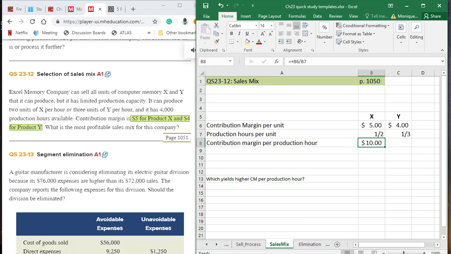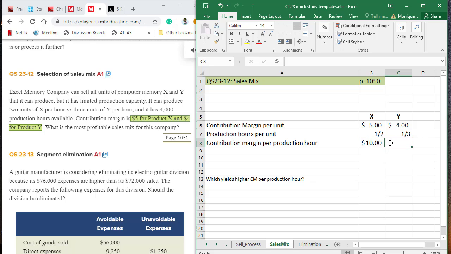So that means that if you had a whole hour, you could contribute $10 to the bottom line if you produce your X product, because you were able to do 2 per hour. And that makes sense, because if you have $5 per unit and you can do 2 units in an hour, you're looking at what, $10. So that's 1/2 divided into 5 gives us 10.